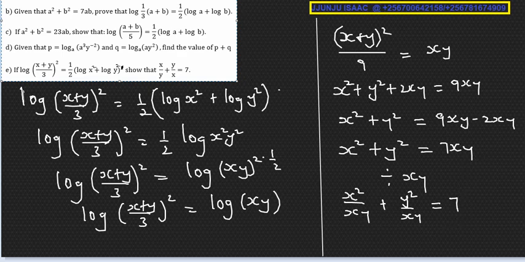And now from here, this x cancels one x which is up, and this y cancels one y which is up, and finally we get it as it is required. It is x over y plus y over x equal to 7. Okay, so that is how we can do this number.